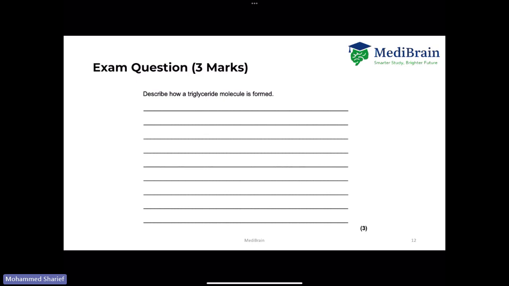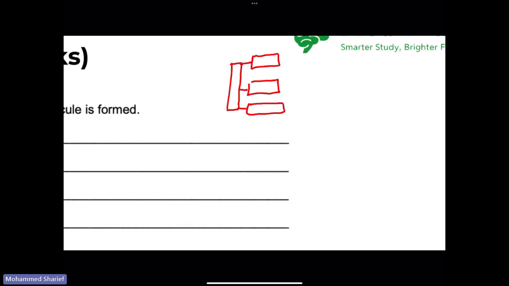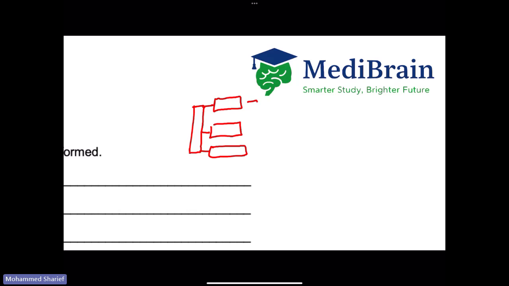Well, let's just describe what we actually already know. A triglyceride, when we drew it out, was four rectangles: 1, 2, 3, 4. There were four rectangles present in a triglyceride. What was each of these rectangles? Well, these three rectangles were fatty acids.